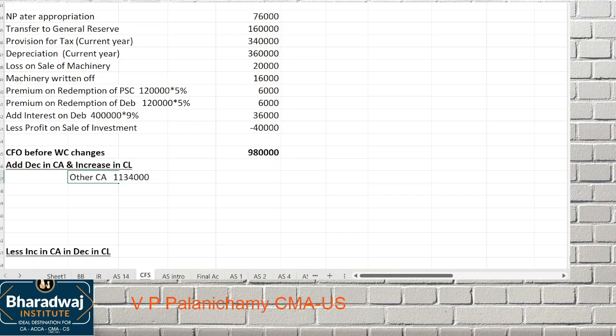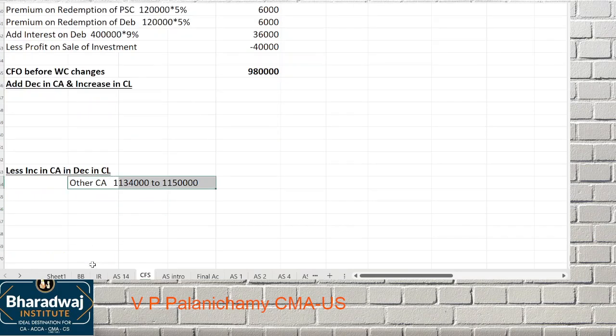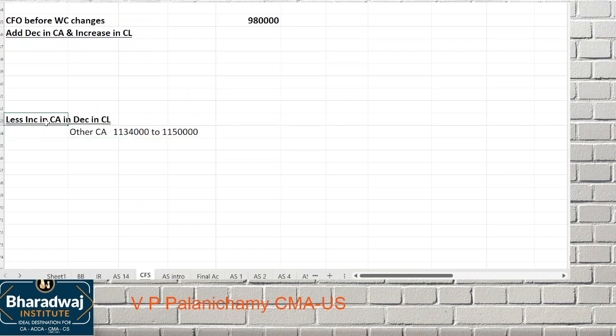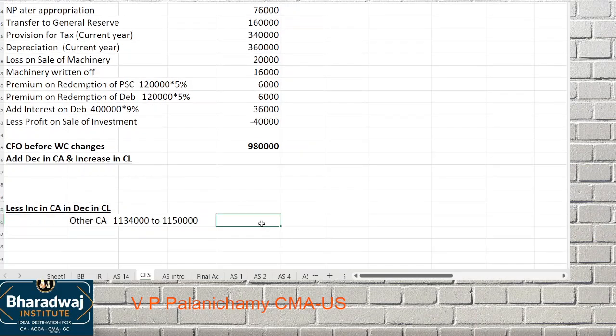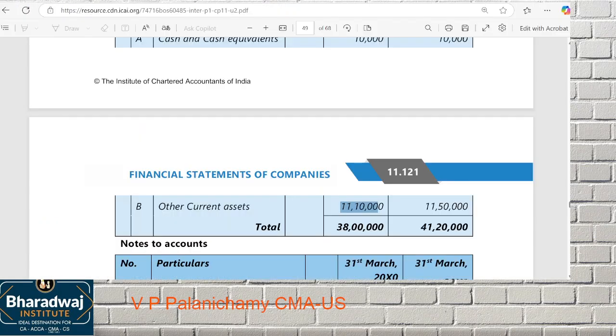How much is given as the closing balance? It has increased, so do we have to add or reduce? We have to reduce. Other current assets, how much did we reduce? 16,000.